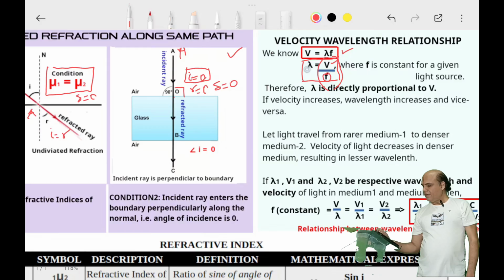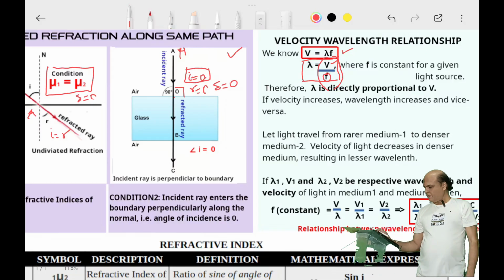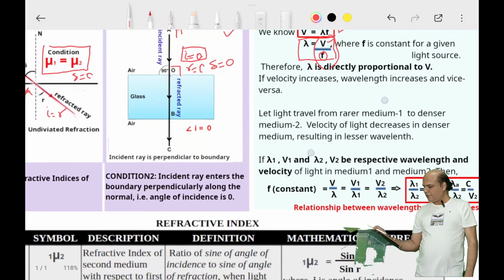It will increase. If I reduce the velocity, what will happen to lambda? It will decrease. So wavelength is directly proportional to velocity. If the velocity increases, wavelength increases.